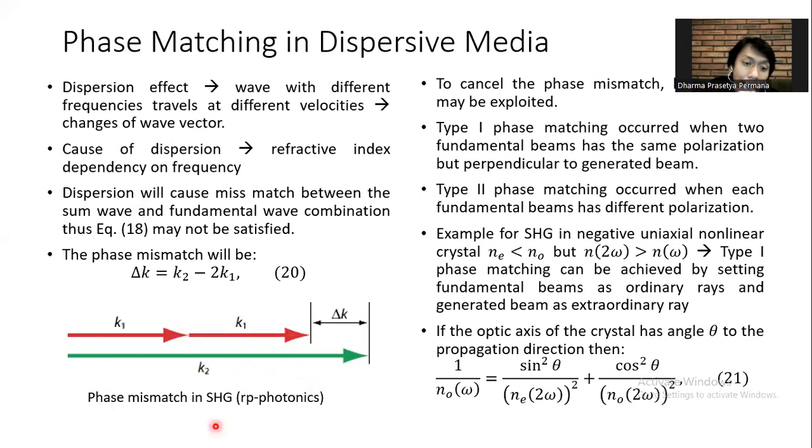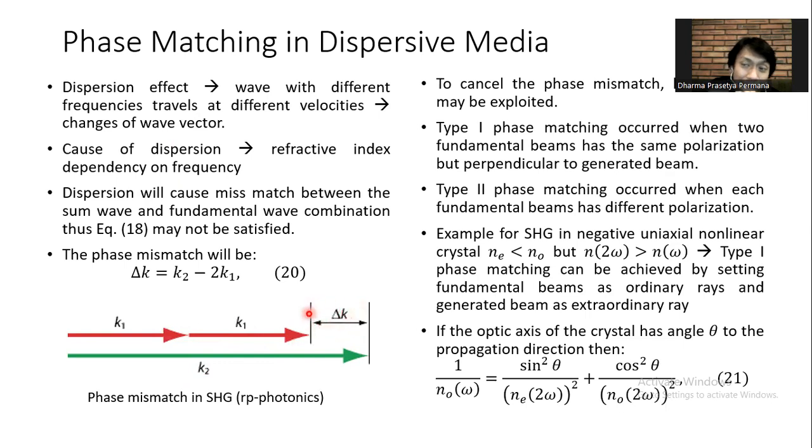I took this from the RP Photonics website because it has basic information on the photonics domain. So instead of K1 and K1 combining to give exactly twice K1, equal to the generated K2, we have some kind of difference here, delta K.